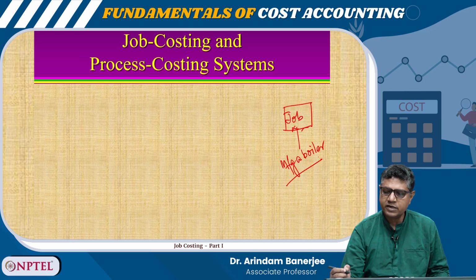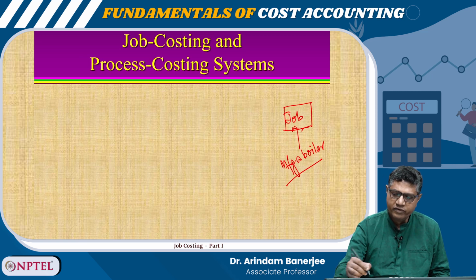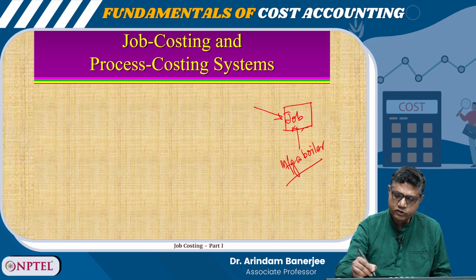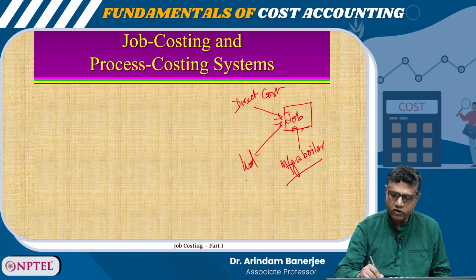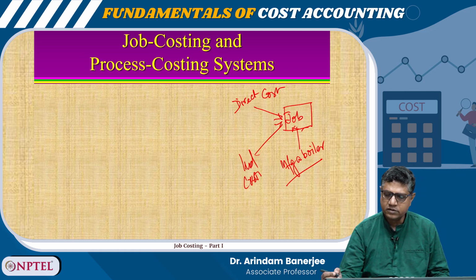So, the company got an order for manufacturing a boiler. What we will do is try to associate the direct costs and then the indirect costs.